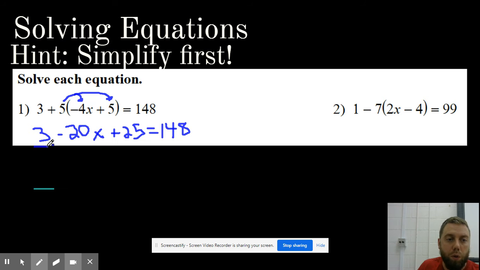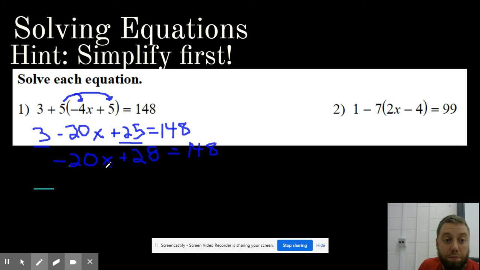Now that we distributed, we're going to combine like terms just like we did before. We have 2 constants here, and we're going to write negative 20x plus 28. Positive 3, positive 25 is 28 equals 148.